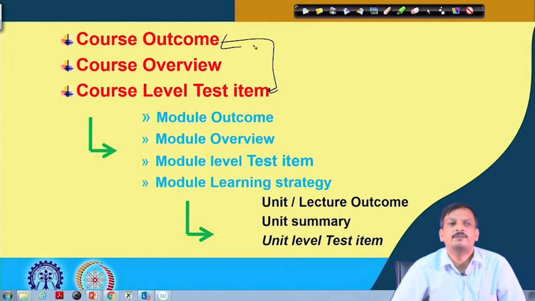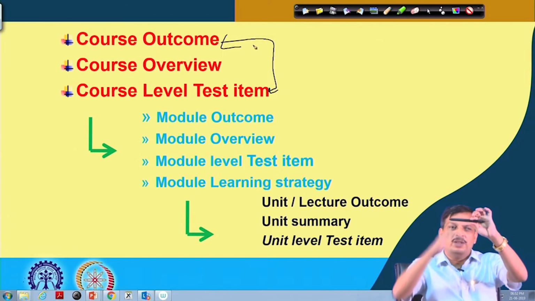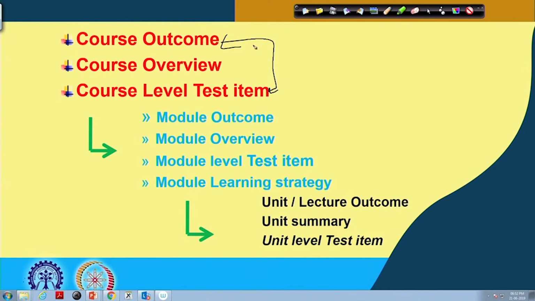So, when you design an outcome based course, it contains course outcome, course overview and also course level test item.